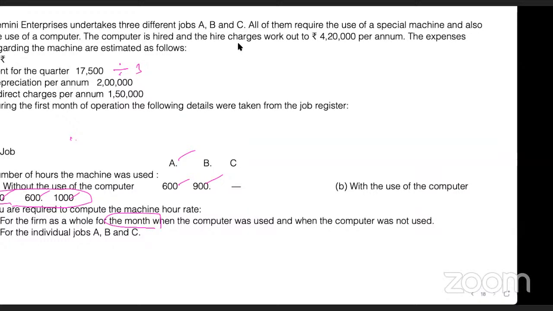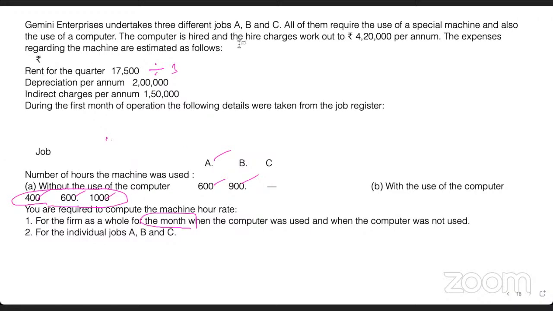Then computer rate per hour, next working. Computer hire charges 4,20,000 is per annum.